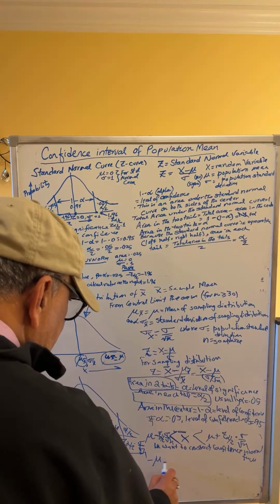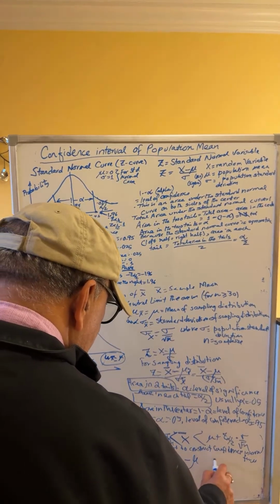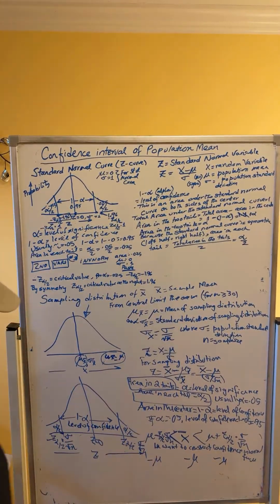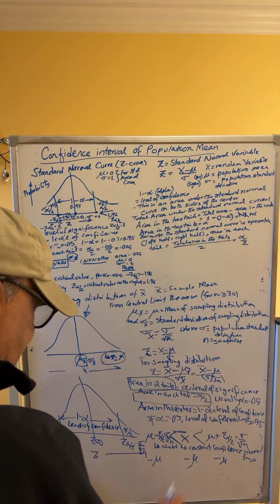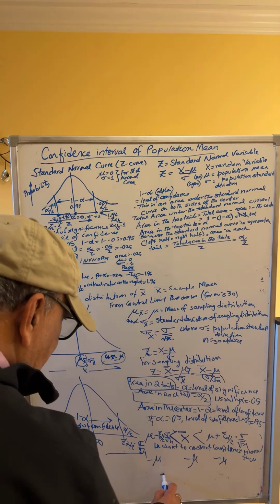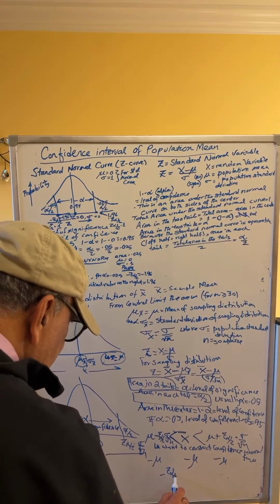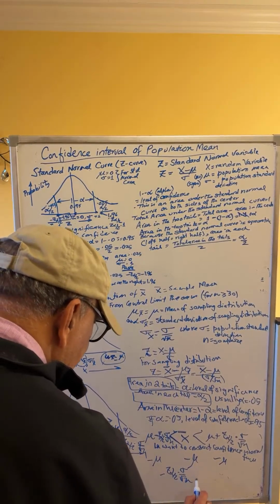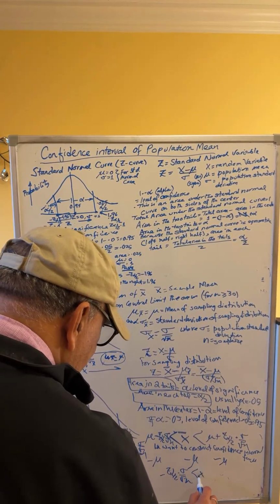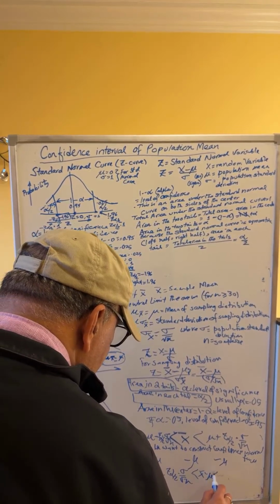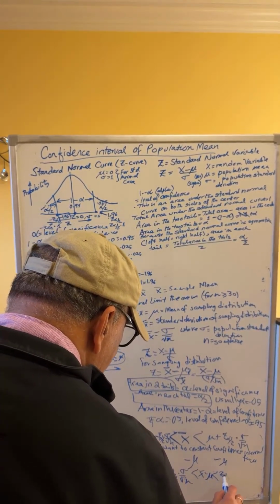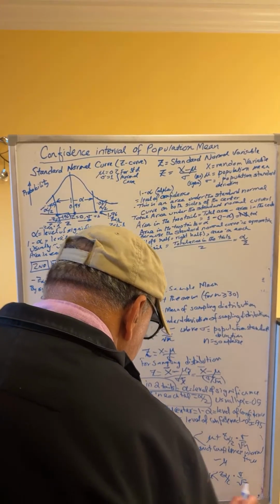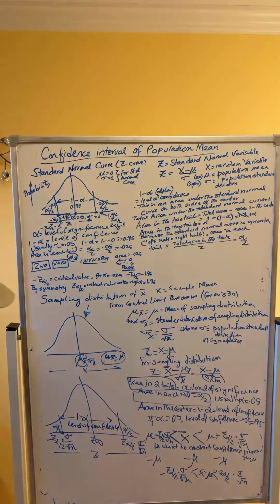The mu's cancel each other out except in the center. So we get minus z alpha by 2 times sigma divided by square root of n less than x bar minus mu less than z alpha by 2 times sigma divided by square root of n. The mu's have cancelled out from the left and from the right.